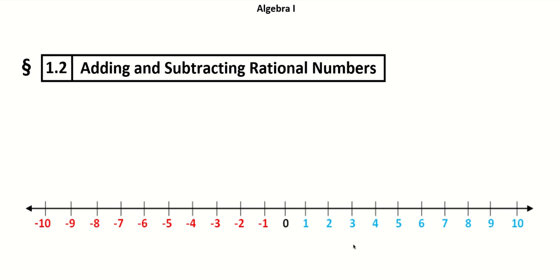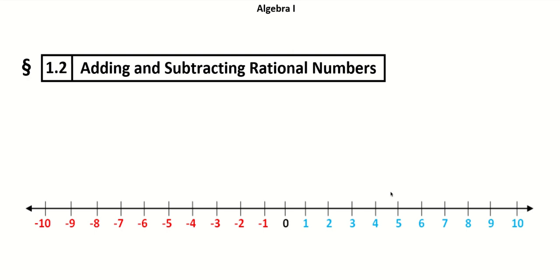Conversely, when you are subtracting, where are you moving? If you were doing 5 minus 2 or 5 minus 9, are you moving to the right or to the left when you subtract?